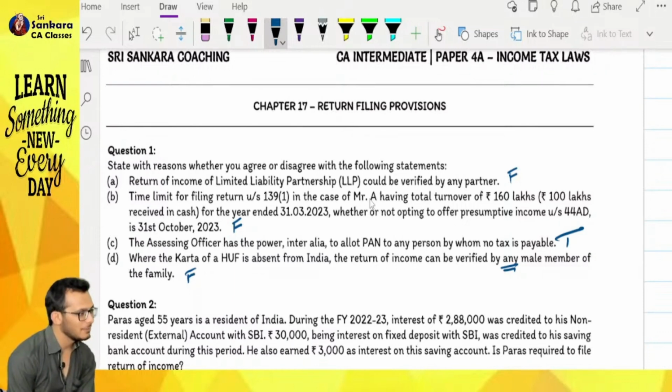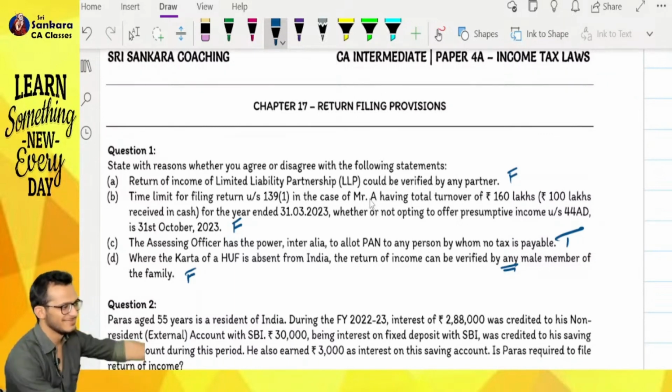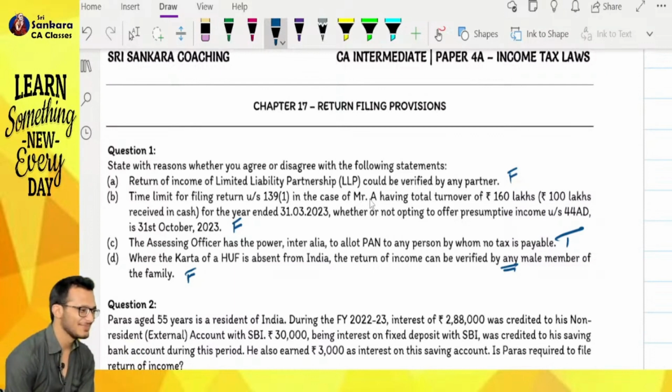Even a minor is okay, but male is a problem. When you're talking about male, you don't generally use the word for children. When you say the word male, it generally means major only. The problem is with the females here.